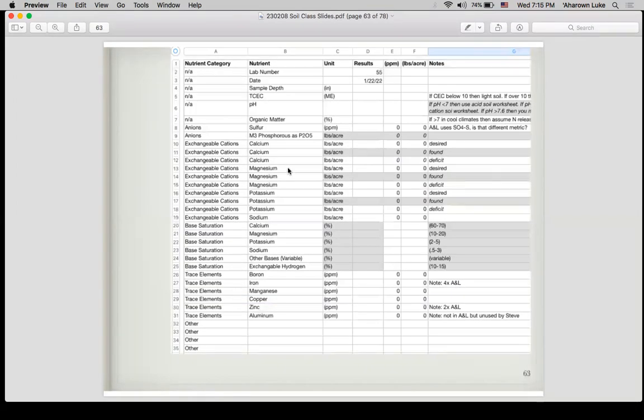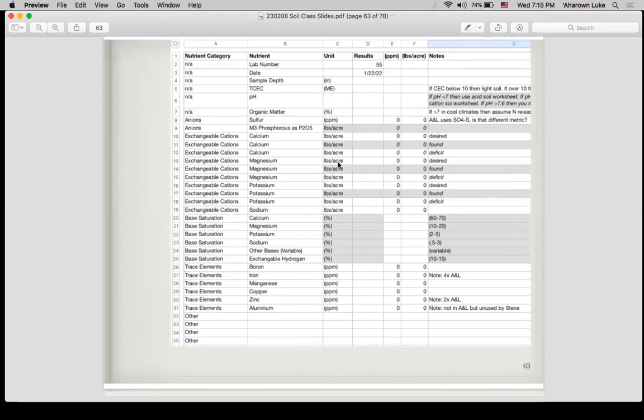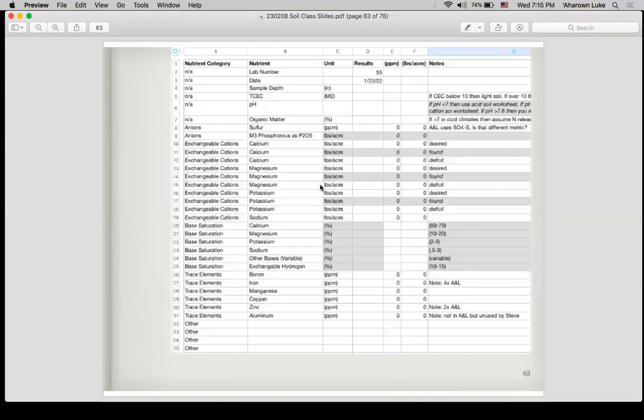And then I'm kind of juxtaposing it to my spreadsheets. So this is actually what the Logan Labs gives you, something like this. And I just have all the things written out: the nutrient category, the nutrient, the unit, and then this is where I actually enter it off of the soil results. So first of all are all these header things we just talked about.